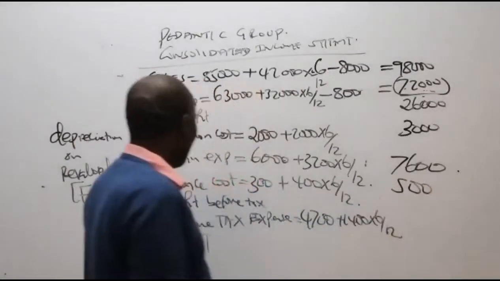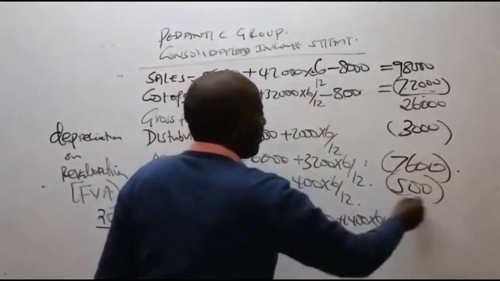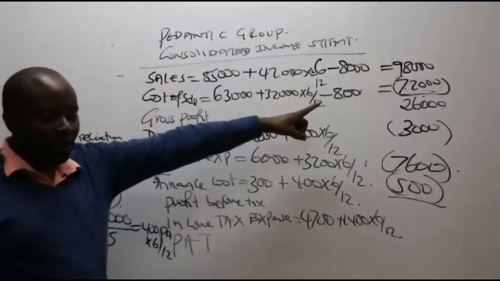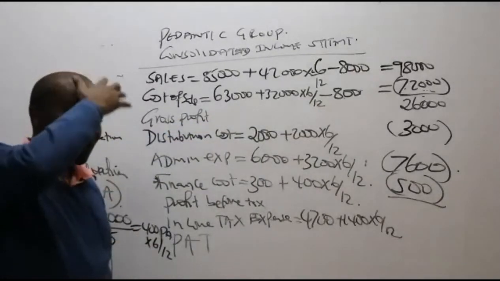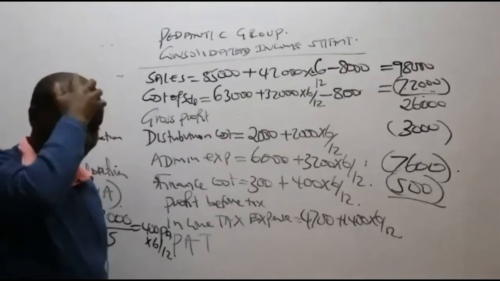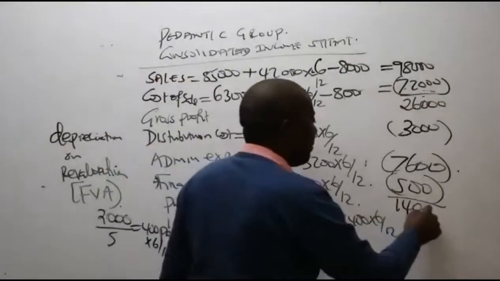Then, ladies and gentlemen, of course, when I subtract all this, you should be able to give us the profit before taxation. So 26,000 minus all that, 14,900. Abracadabra.